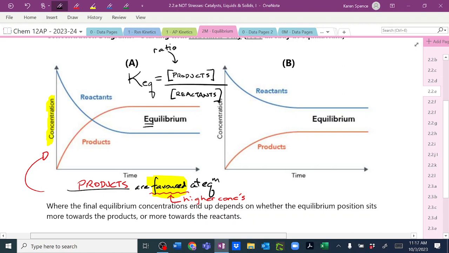If the products are favored at equilibrium, what can we say about the value of KEQ?